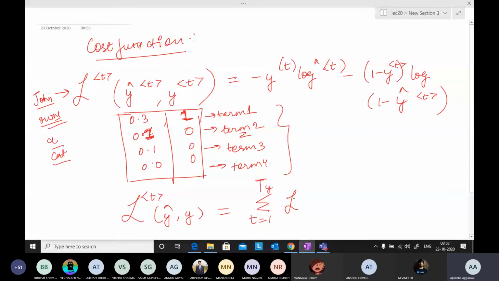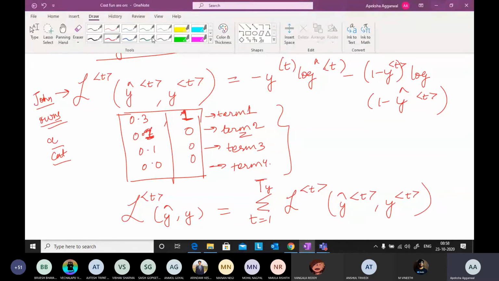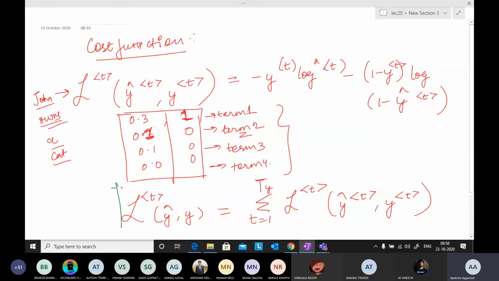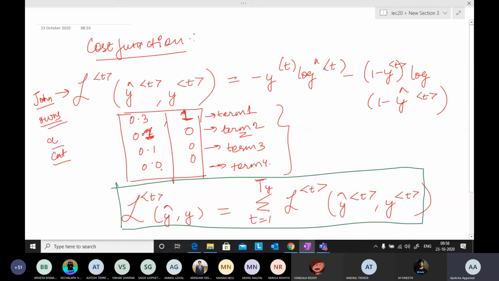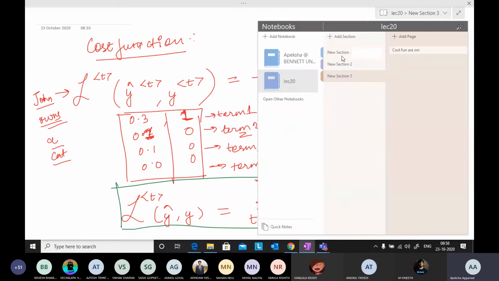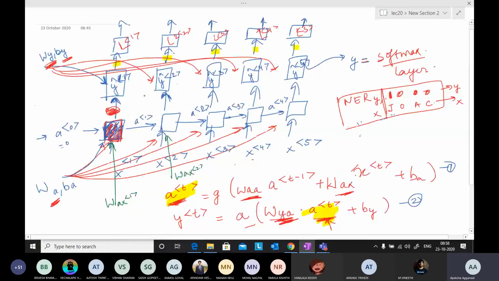So this is the final formula for calculating the loss of this neural network. Let's go again to the previous section where we discussed this.